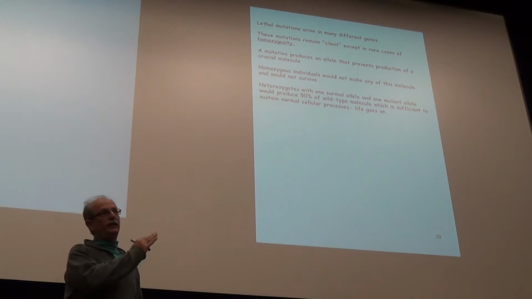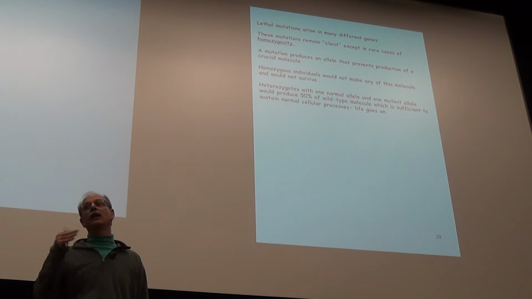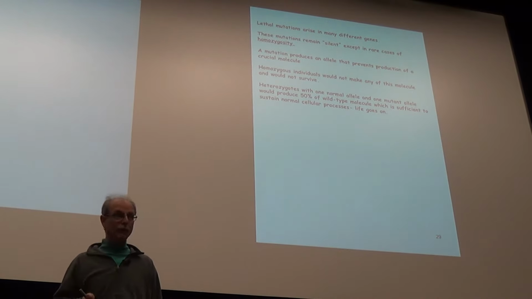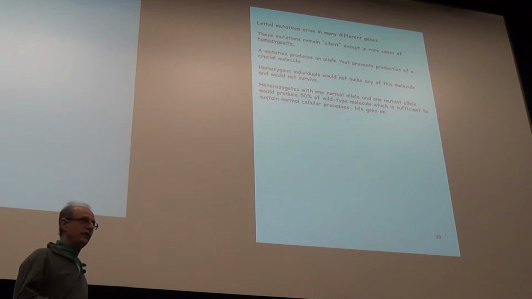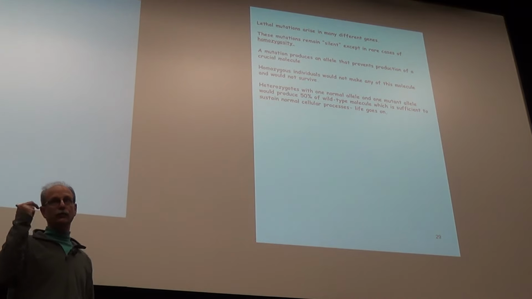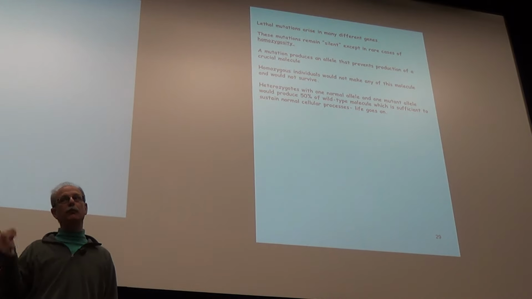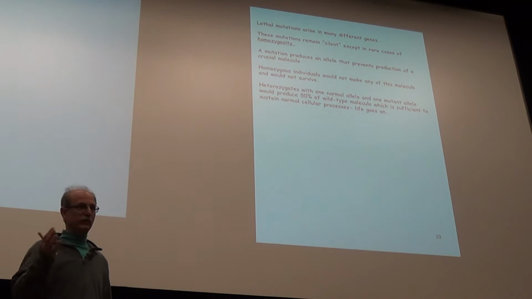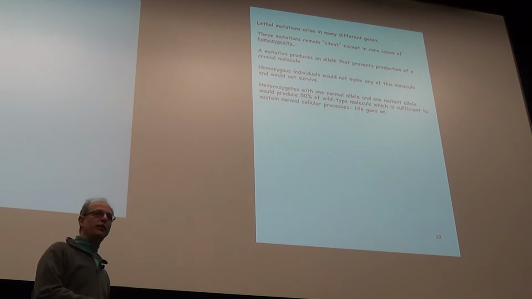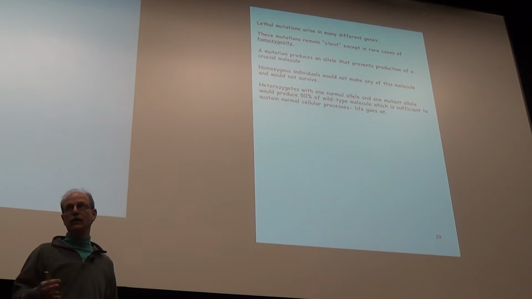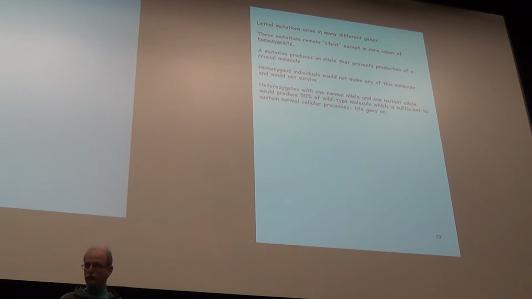A very significant number of genes in human cells are lethal if they are mutated for both copies, because these are essential genes that are required for the growth and development and the division of every cell in your body. Things involved in replication, things involved in transcription, things involved in repair. If you mutate both copies, the cell dies, and you don't get homozygous progeny. It's a very important class of mutants.